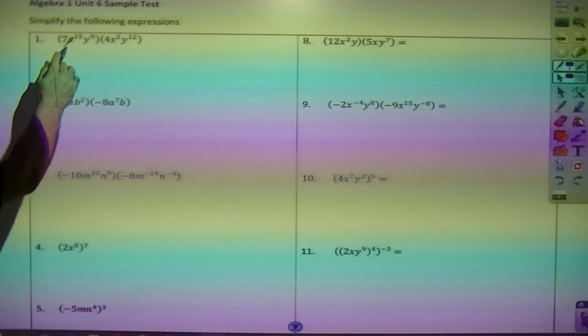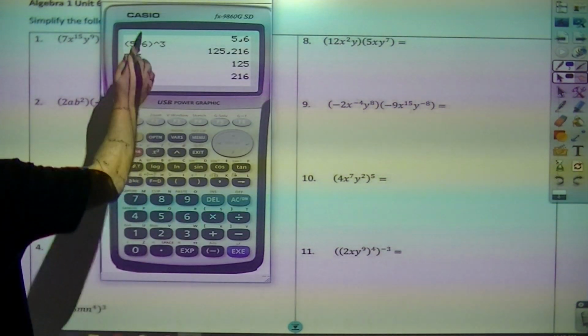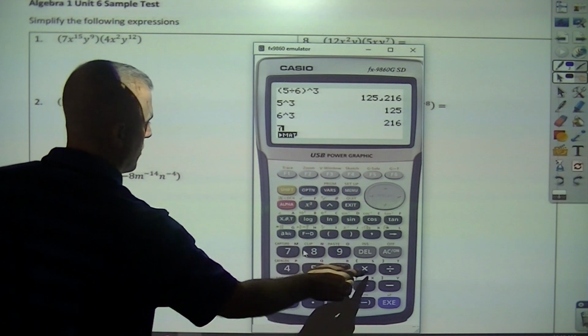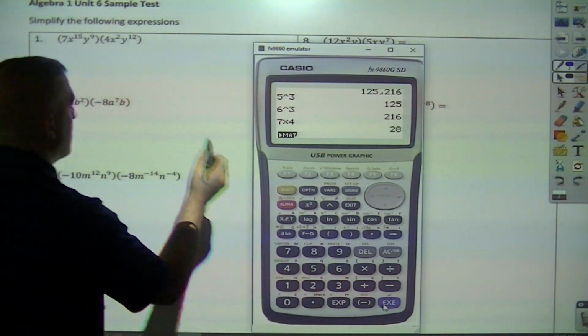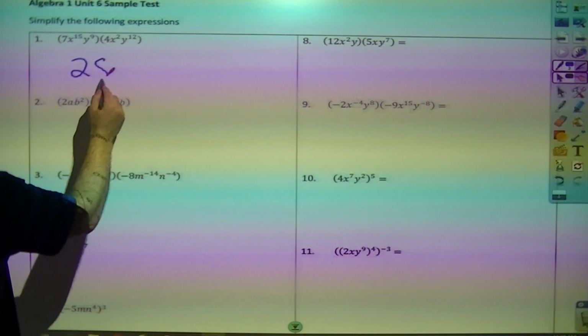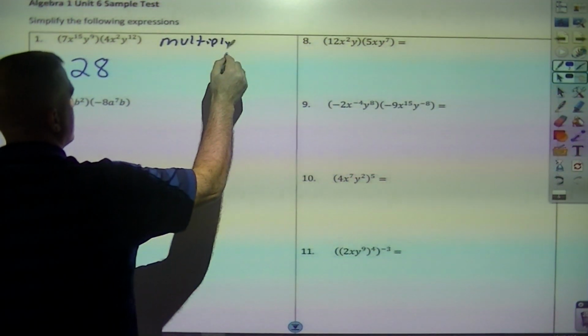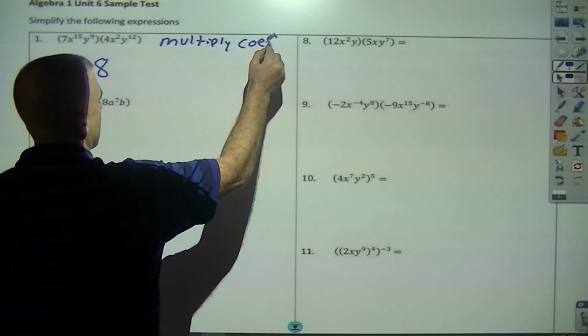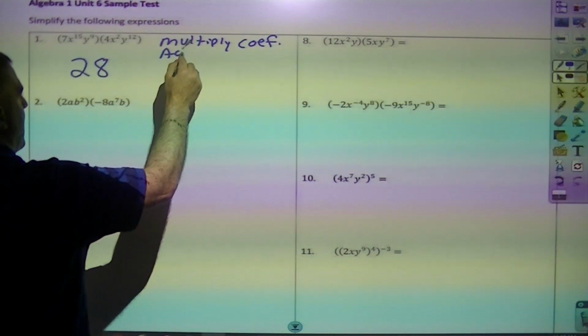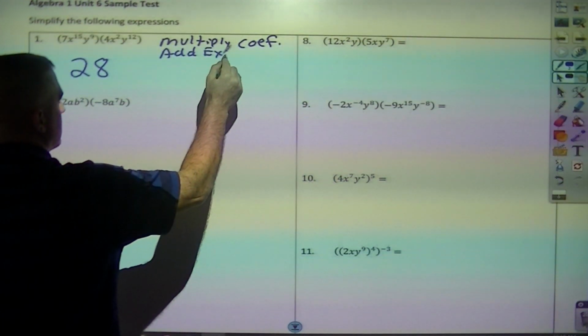So what I'm going to do is multiply the 7 and the 4. I multiply the coefficients, which gives me 28, and I'm going to add the exponents.